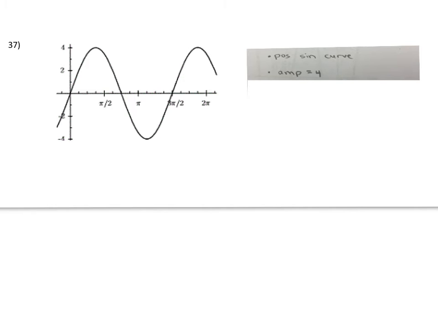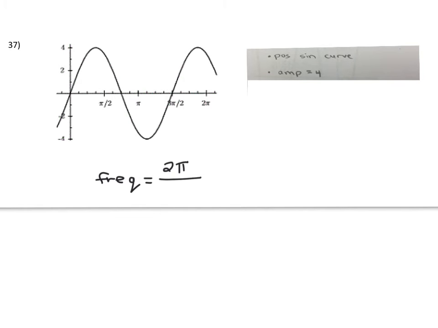And the frequency, so the frequency is the number of complete cycles between 0 and 2 pi. So this one might be a little tricky to look at because here's one cycle, right? It ends at 3 pi over 2. So how far into it are we going when we get to 2 pi? I'm going to do this a little different. I'm going to use our formula. Frequency equals 2 pi divided by the period.